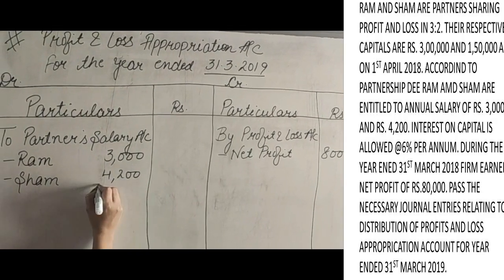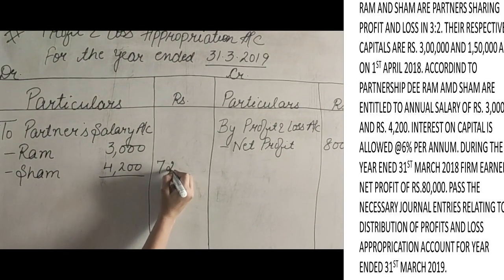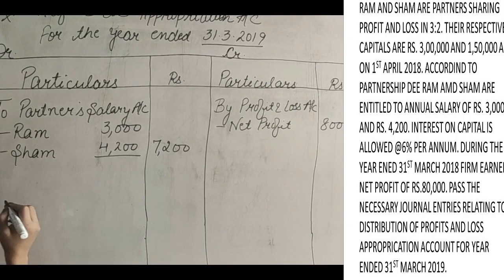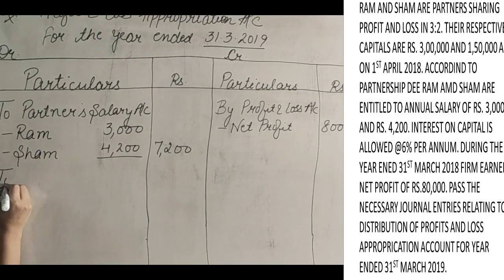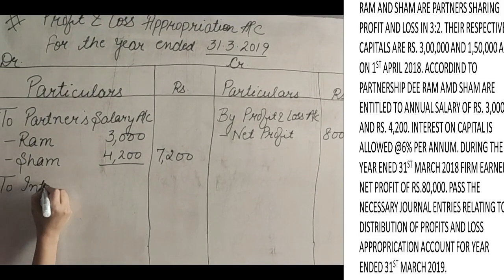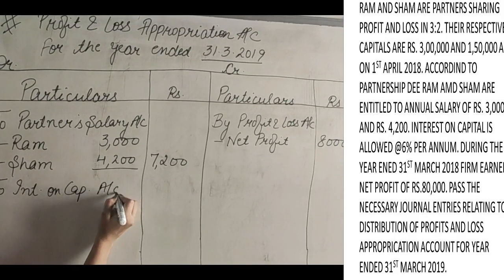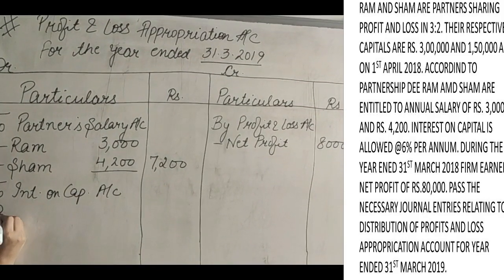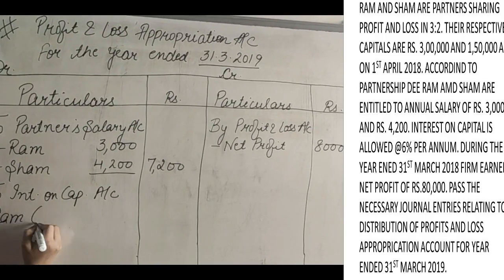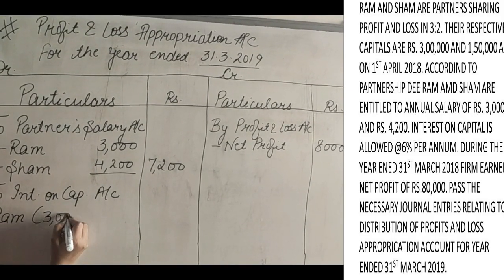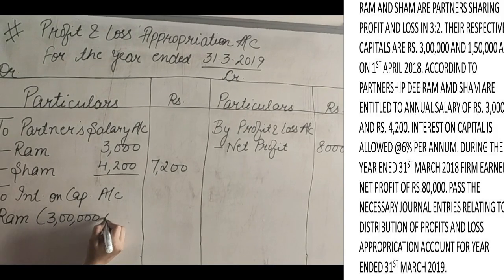You can see that partner salary is given in the question. Ram's salary 3,000, Shyam's salary 4,200. The total amount transferred is rupees 7,200. The next one is interest on capital. The deed mentions interest on capital at 6%.